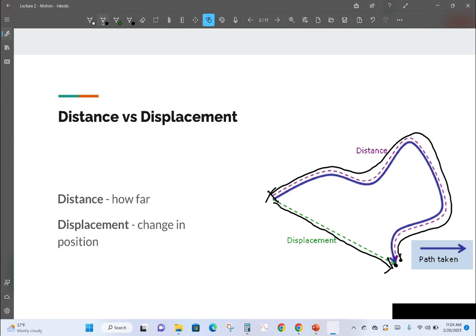So, for example, you might have walked 15 miles total, but maybe you're only 5 miles southeast of where you started. So the displacement is your change in position, and your distance is literally how far you traveled.